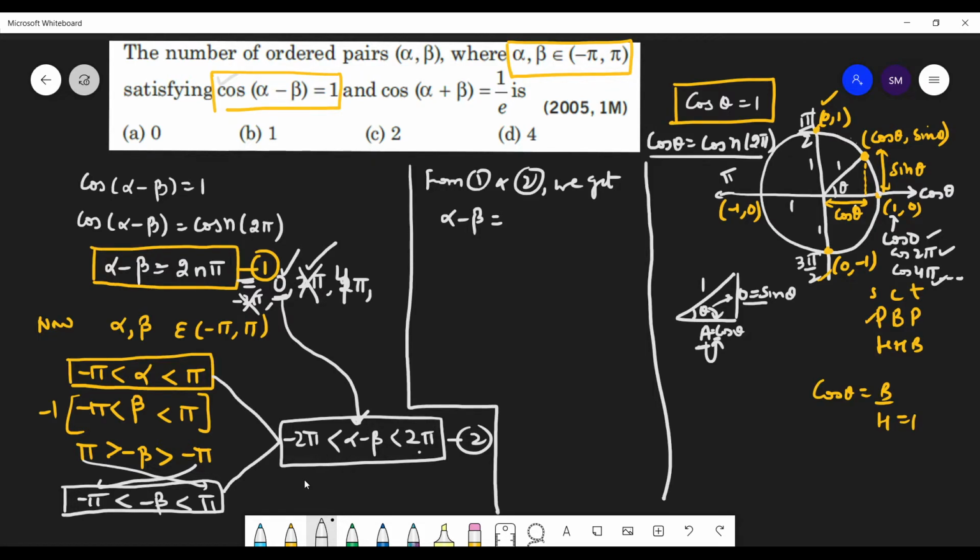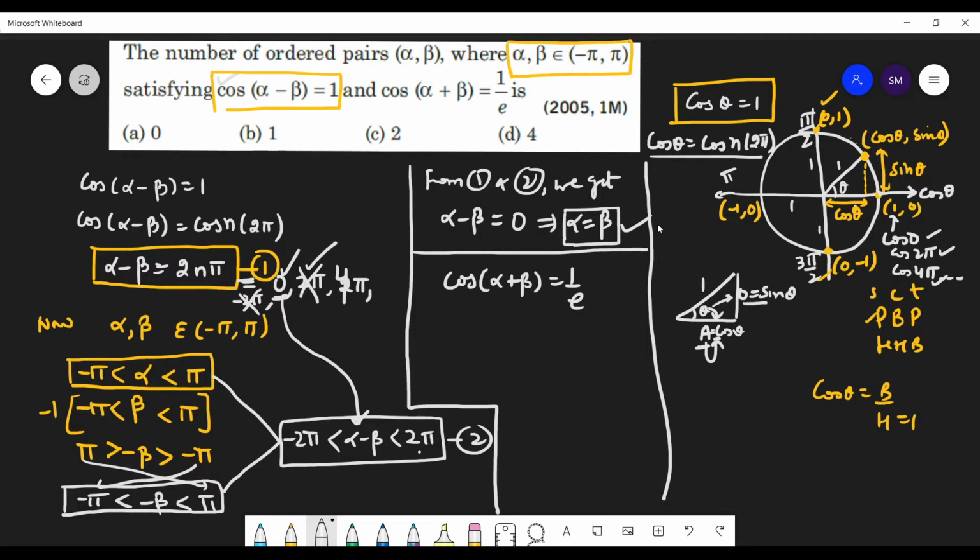Is this clear? So, students, alpha minus beta equals 0. So it means alpha equals beta. Got it? Now, it is given to us that cos of alpha plus beta is equal to 1 by e.